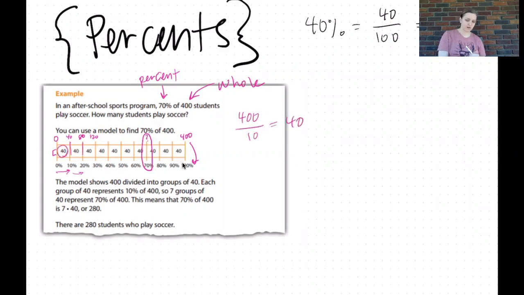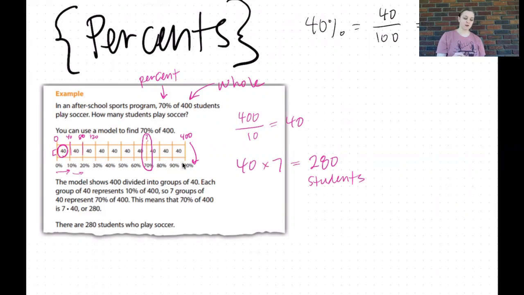That's where this little 40 came from inside of the box. So then I can say, well, 70% is going to be 7 of those 10% boxes. So I can do 40 times 7 boxes, which is going to give me a total of 280 students that play soccer, okay? That's how you can use your double number line diagram. Ooh, tongue twister there.